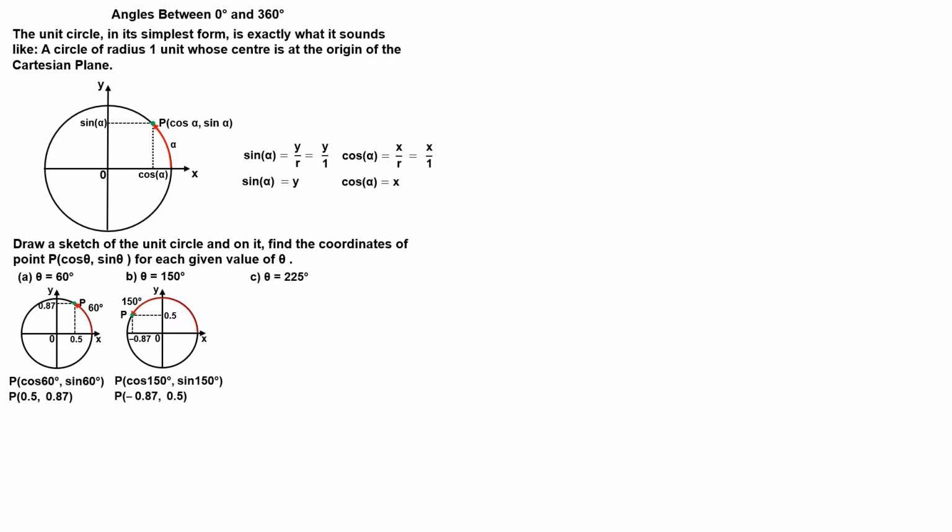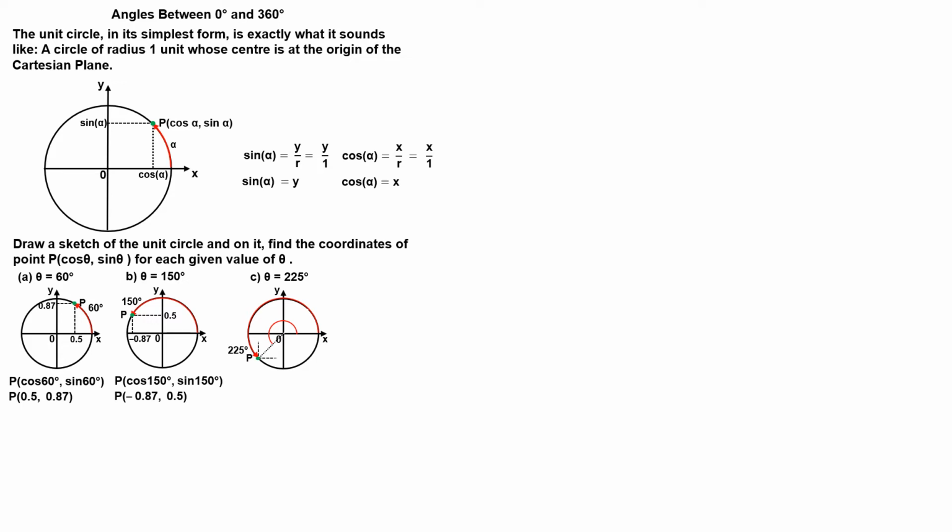Let's do the same thing as we did before. Start by drawing the unit circle, then trace out an angle of 225 degrees. Since the angle is in the third quadrant, x is negative and y is also negative, implying that both cosine and sine are negative.